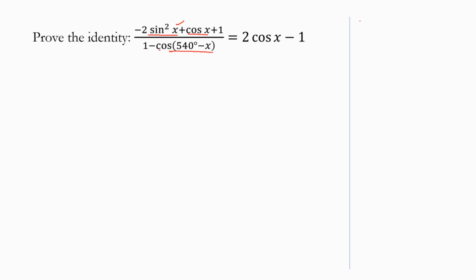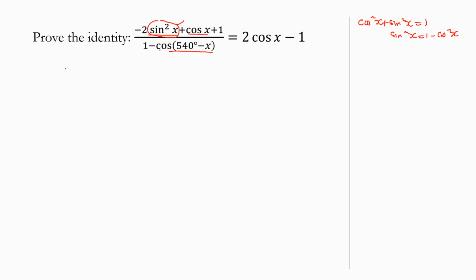Remember from grade 11 that cos squared x plus sine squared x is equal to 1. From that we can see that sine squared x is equal to 1 minus cos squared x. Do you remember that? So we're going to replace this with 1 minus cos squared x.